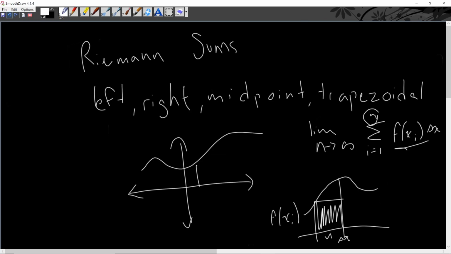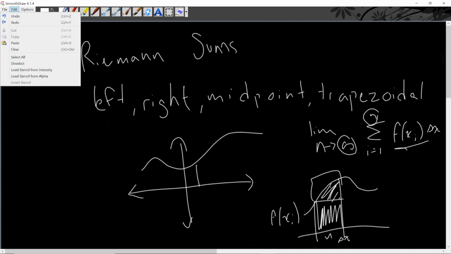But this is a Riemann sum where n is not going to be infinity. n is going to be like 4 or something. So we're not going to have an accurate number of subintervals. So all of this space is either going to be accounted for, or all of this space is going to be unaccounted for. But I'm getting a little bit ahead of myself.